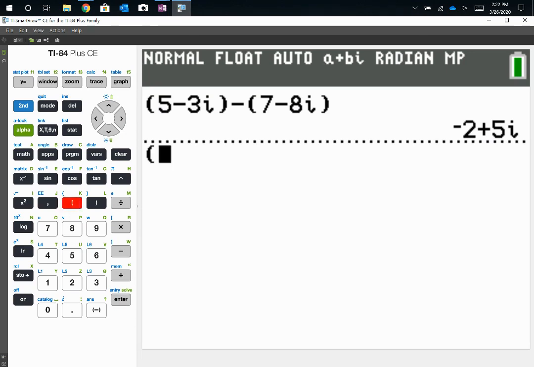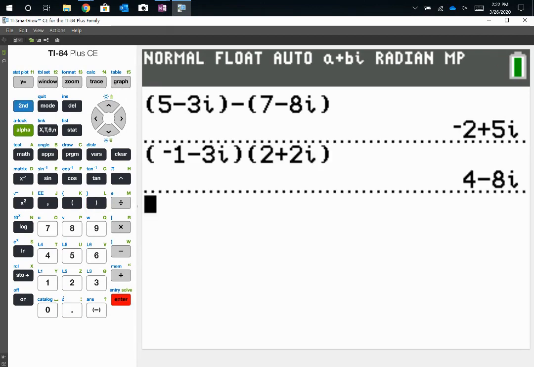For example, open parenthesis, negative 1 minus 3i, close parenthesis, multiplied by open parenthesis, 2 plus 2i, close parenthesis, and yes, you can get 4 minus 8i from it.